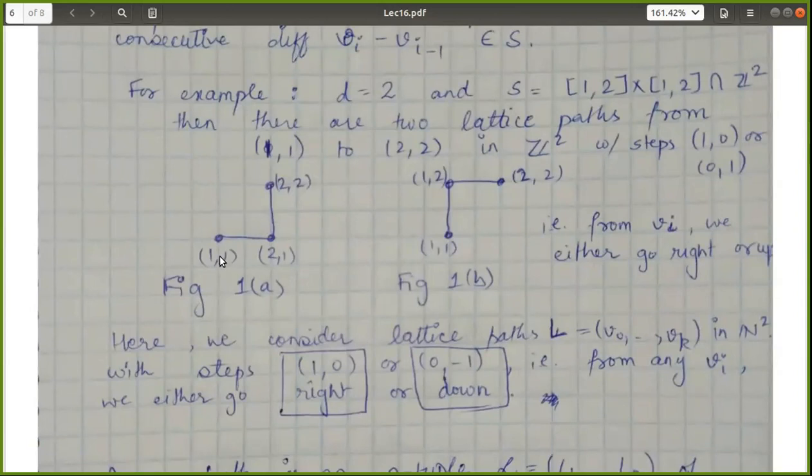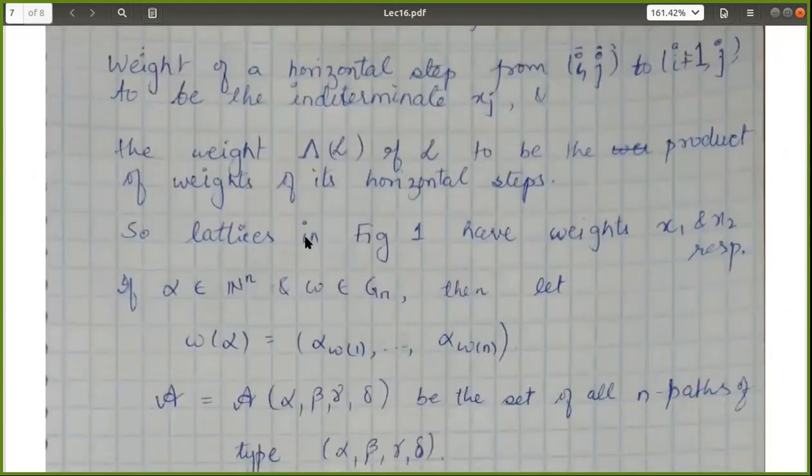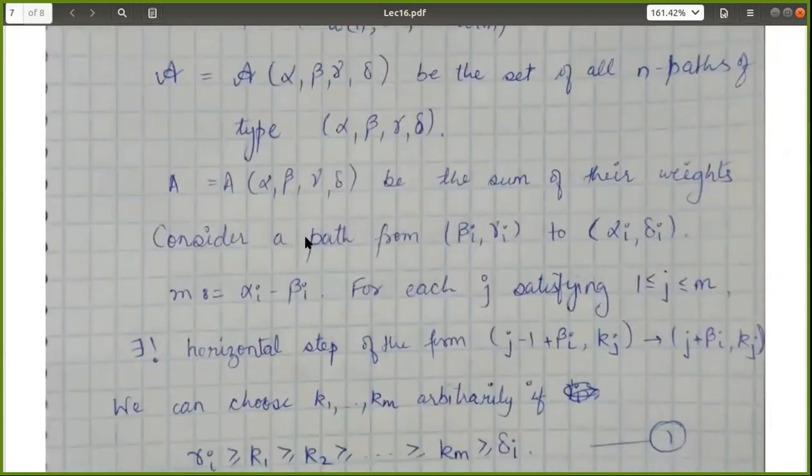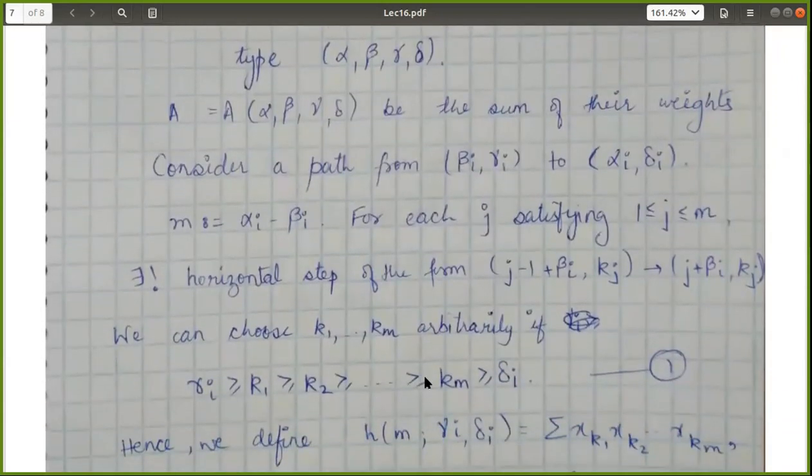Either it could have been at level 1 or at level 2. So keeping that in mind, you can choose k_1, k_2, ..., k_m arbitrarily, right? So the vertical gap tells you in how many ways this horizontal step could have occurred.